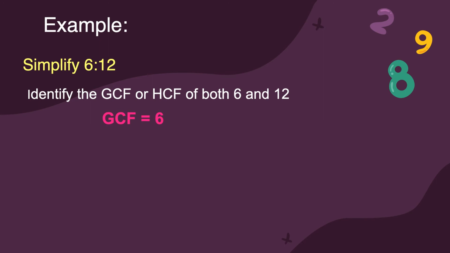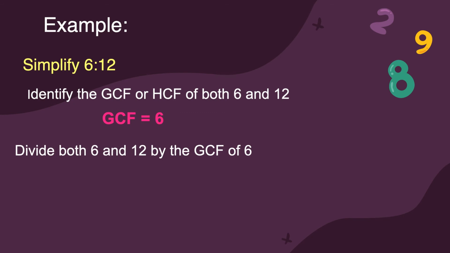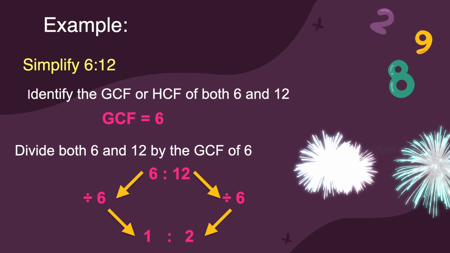Next, divide both 6 and 12 by the GCF of 6. 6 divided by 6 is going to give you 1. And 12 divided by 6 is going to give you 2. Therefore, 6 to 12 when simplified is equal to 1 to 2.